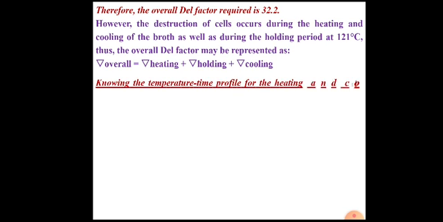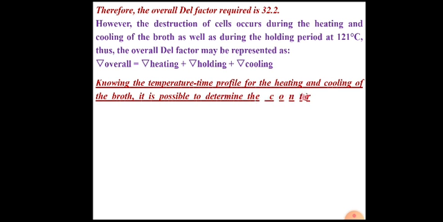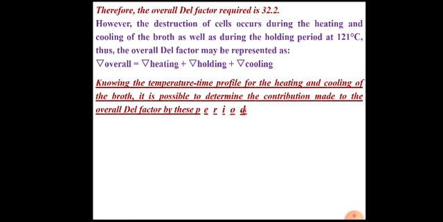Knowing the time-temperature profile for the heating and cooling of the broth, it is possible to determine the contribution made to the overall Del factor by these periods. The difficulty in determining Del heating is that Del holding we have calculated, because during holding the temperature is fixed at 121 degrees Celsius.